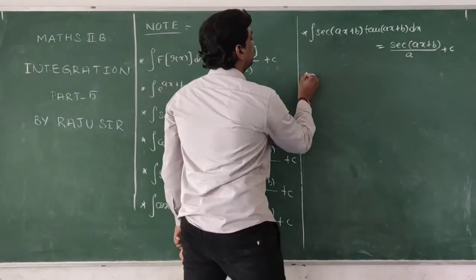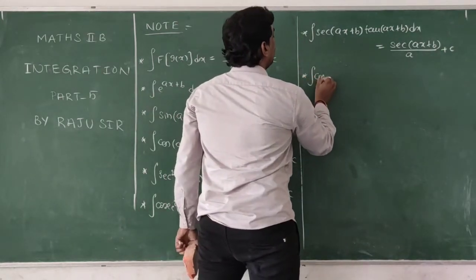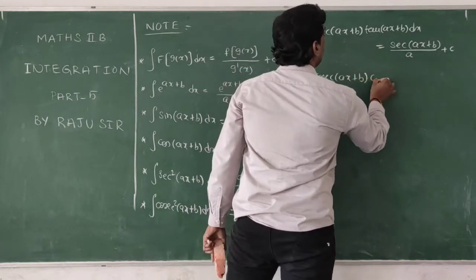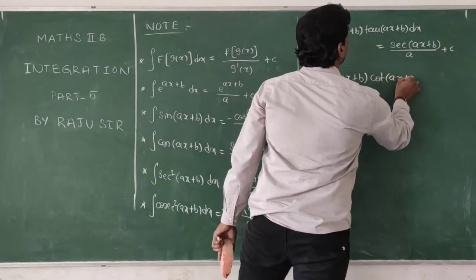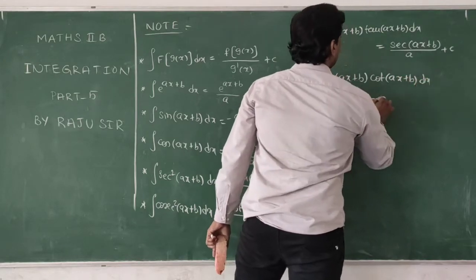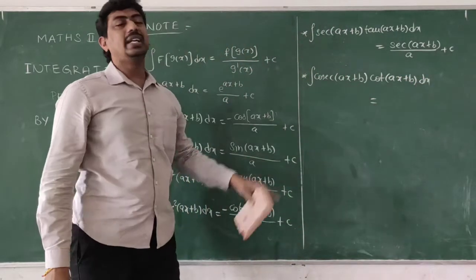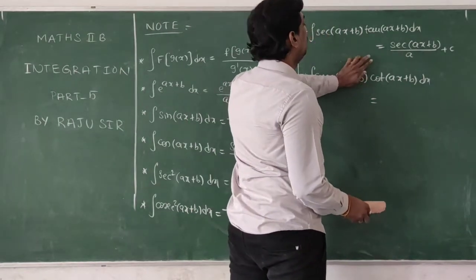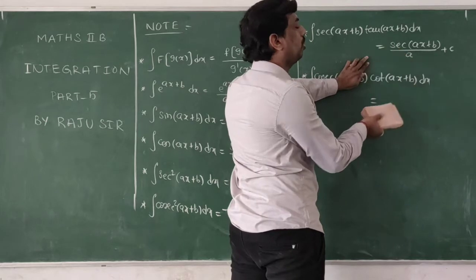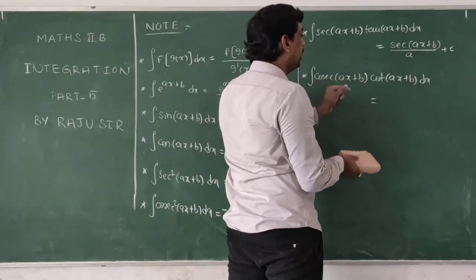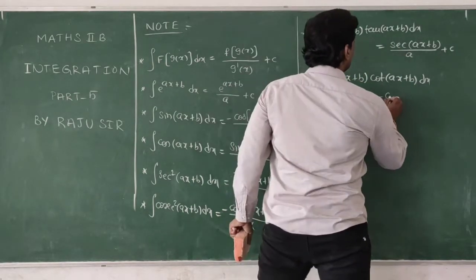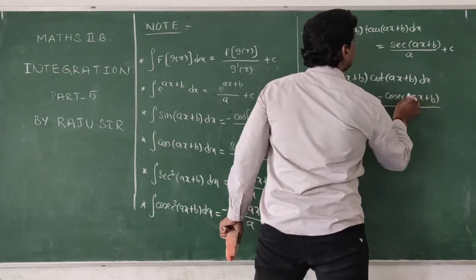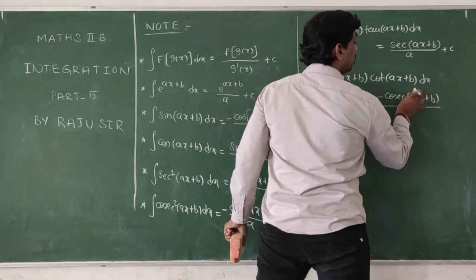Okay. Next, integration of cosecant of ax plus b into cot of ax plus b dx. If we treat ax plus b as a term, then integration of cosecant x into cot x is minus cosecant x. Here it is minus cosecant of ax plus b by the ax plus b derivative, not integration.